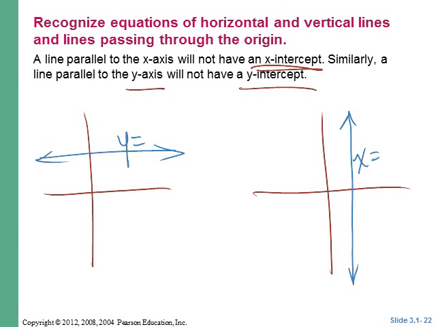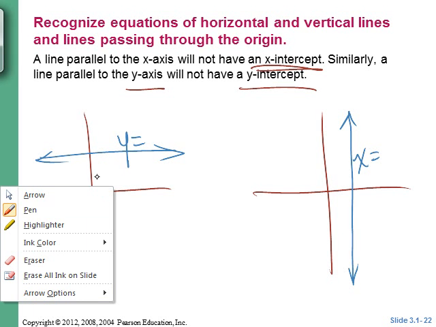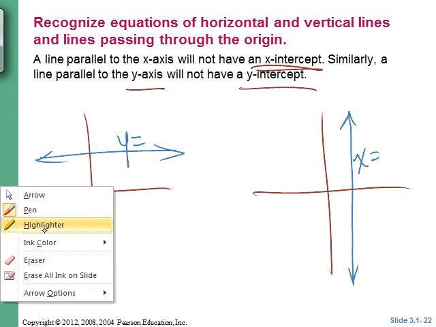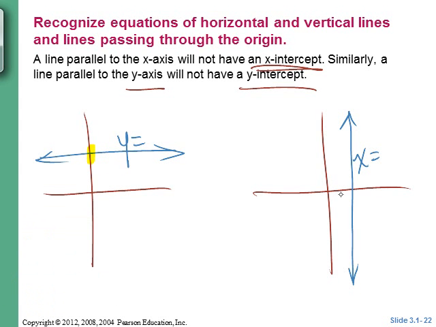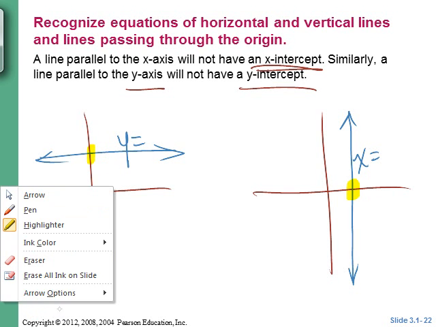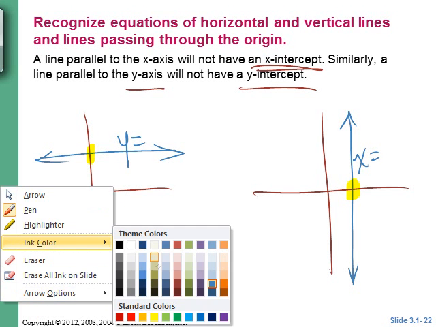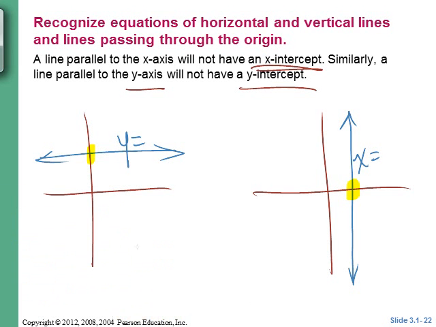How do I know that? Well, I know it because I'm crossing and I get this point right here. And I get this point right here. Which, if I were treating this like a number line, okay, this would be the y number line, correct?